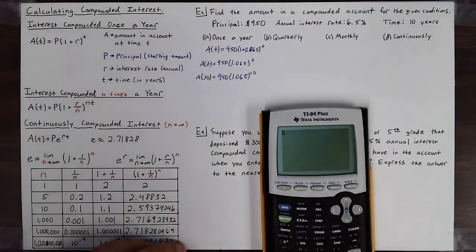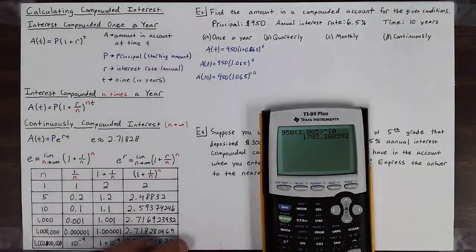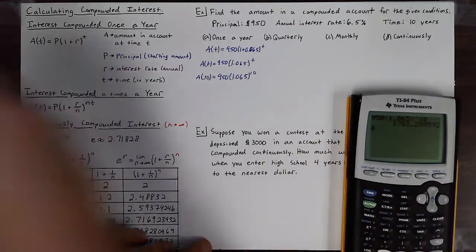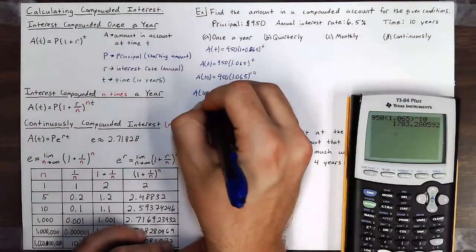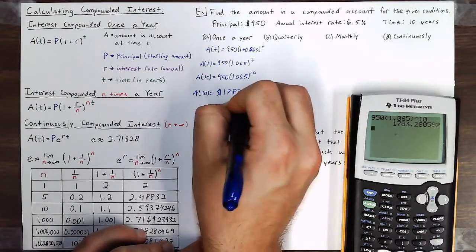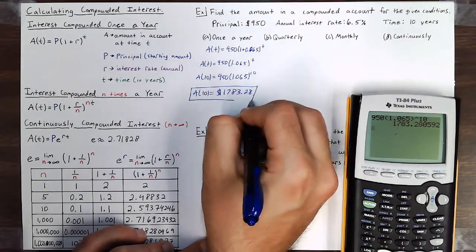So I'll have 950 times 1.065 to the 10th power, and I'll end up with $1,783.28.